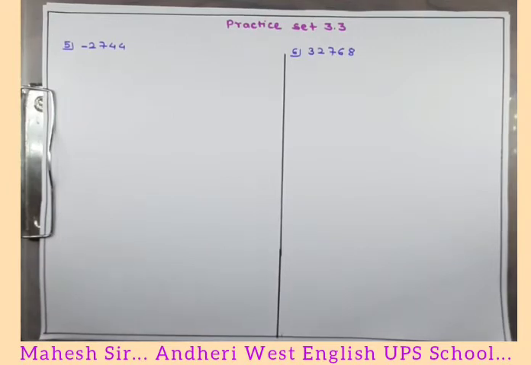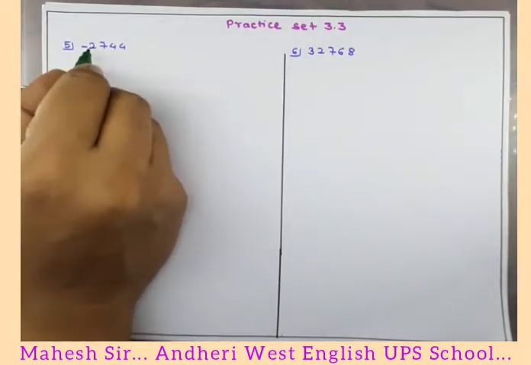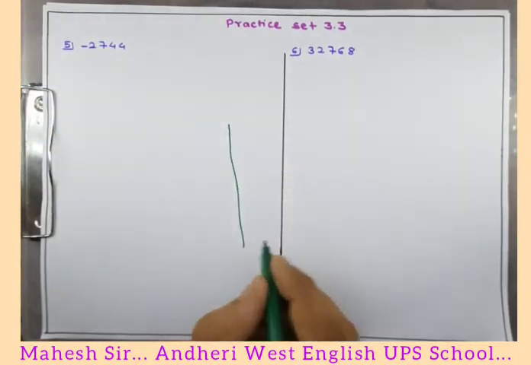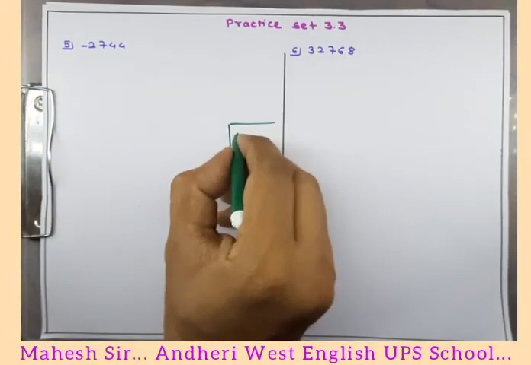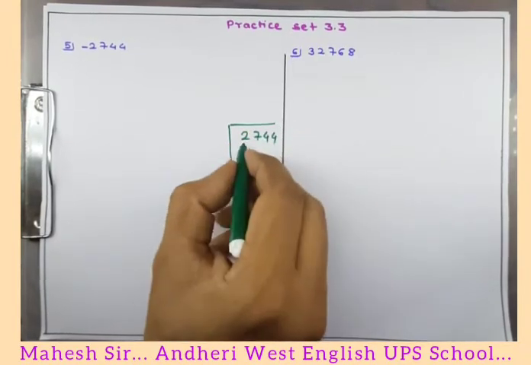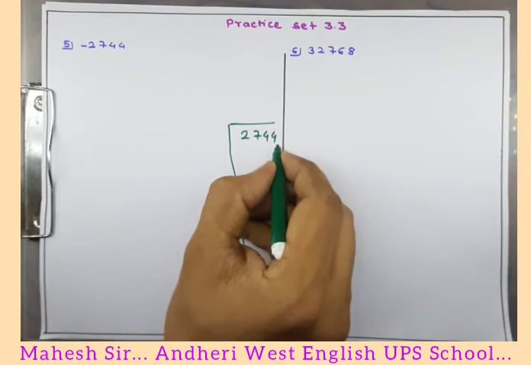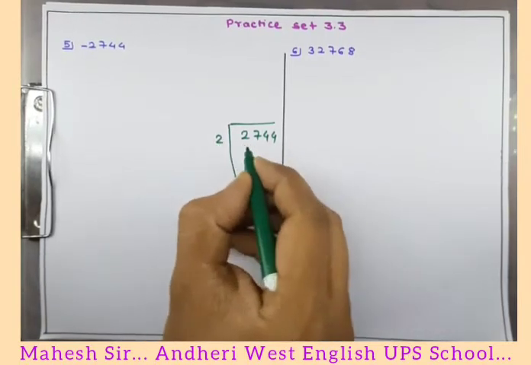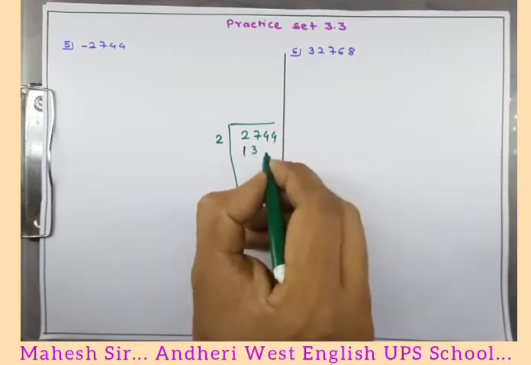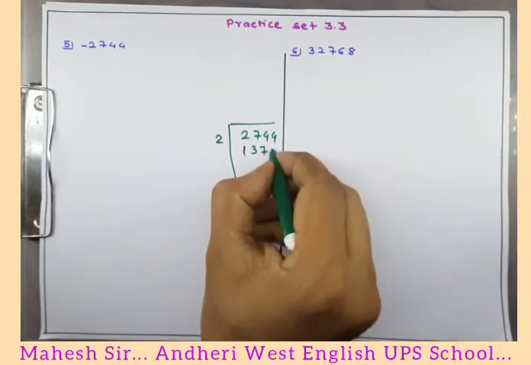Then the next number, that is minus 2744. In the same manner, we first write the factors of 2744. At the end 4 is there, so it comes in the table of 2. 2 1s are 2, 2 3s are 6, 2 7s are 14, 2 2s are 4.